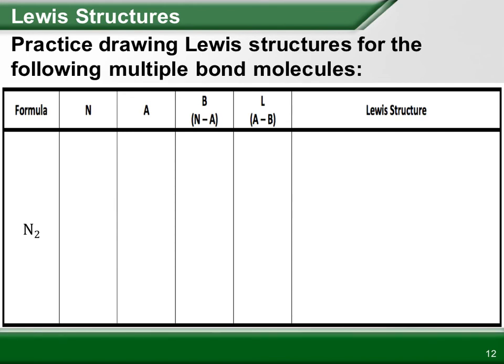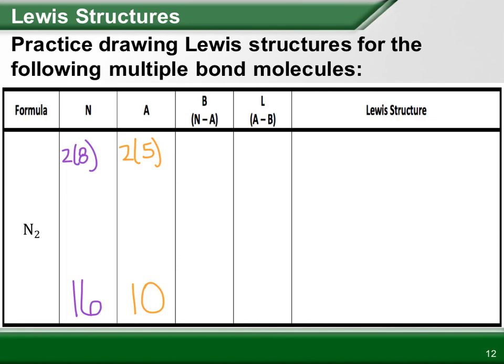I have 2 nitrogens. Each nitrogen needs 8. That gives me a total of 16. When I look at A, I have 2 nitrogens, and nitrogen has a valence electron number of 5, which gives me a total of 10.